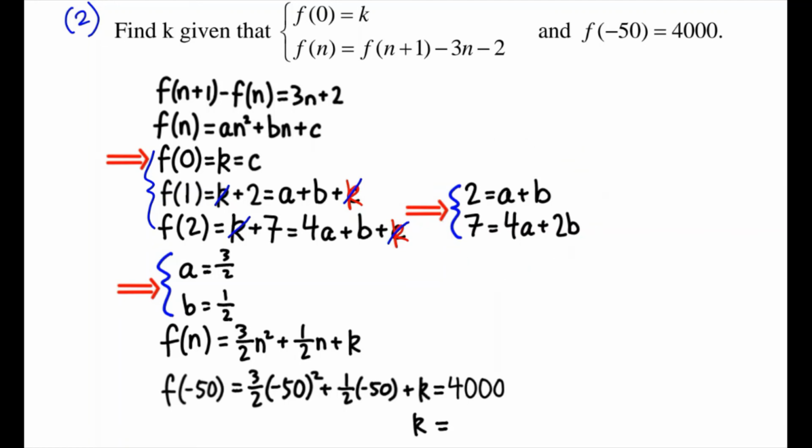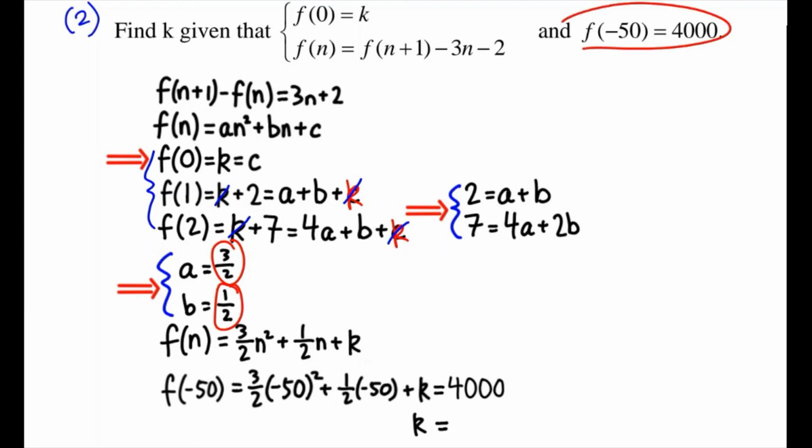So obviously a is equal to 3 divided by 2 and b is equal to 1/2. So by putting that into our equation over here, we're left with fn is equal to 3 divided by 2 n squared plus 1/2 n plus k, because we replaced c with k. Now, there's one thing left in this problem that we haven't used yet.